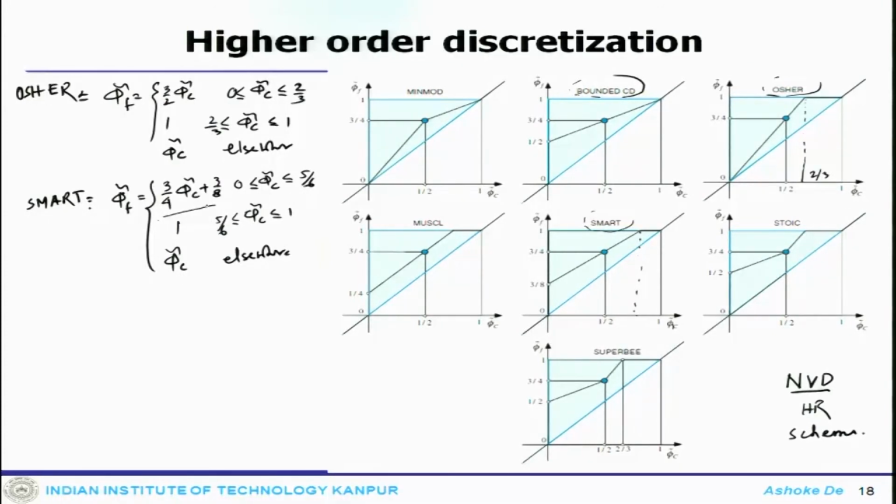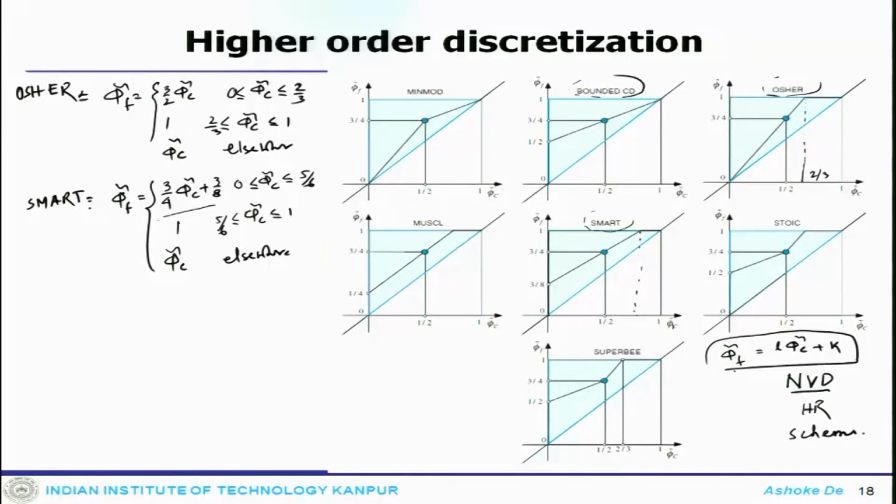We have already said that the functional values of phi f can be represented as a function with some linear combination, which can be represented as L phi c tilde plus k, and these k and L values are different for different profiles.